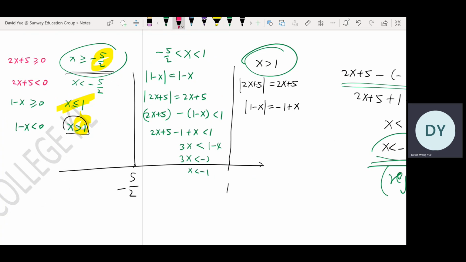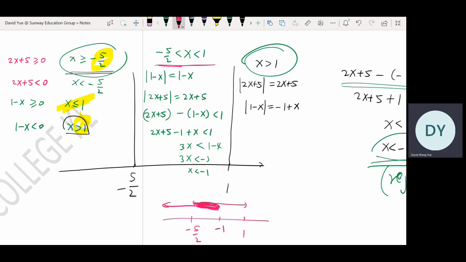Now let's look at the interval. Our interval here is x in between -5/2 and 1. And our solution is x less than -1.